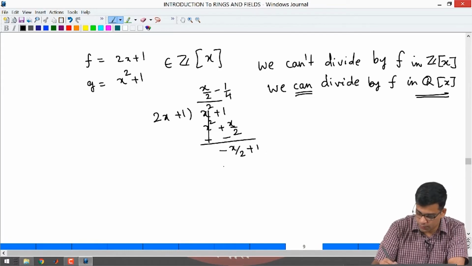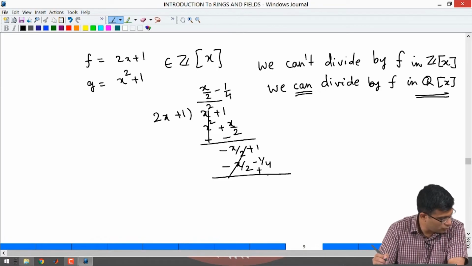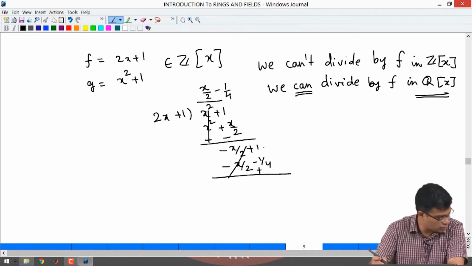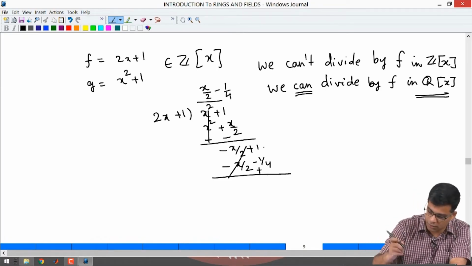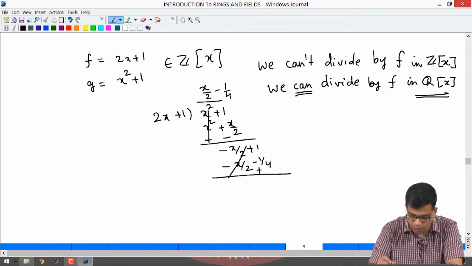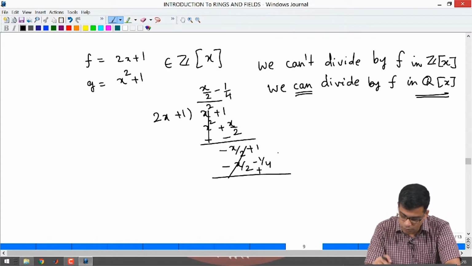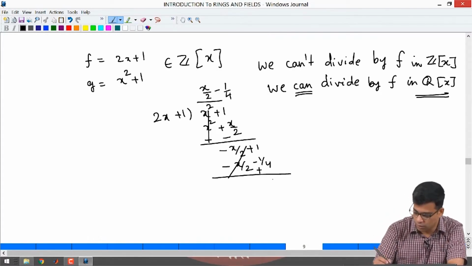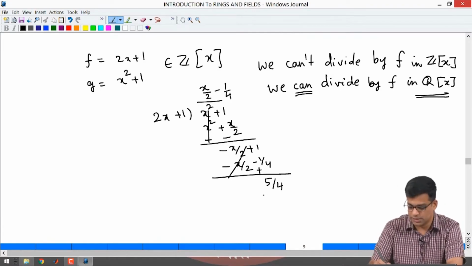So, minus 1 by 4 times 2x is minus x by 2, minus 1 by 4 times 1 is minus 1 by 4, and you get 1 by 4 plus 1. So, this is 5 by 4. This is the remainder.